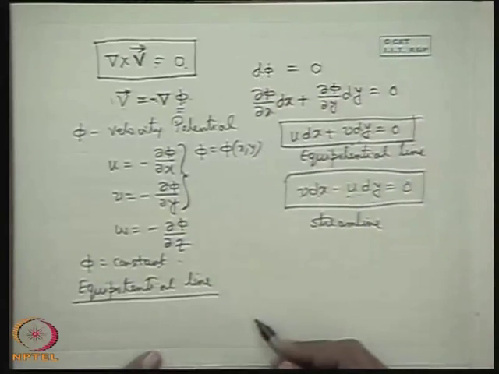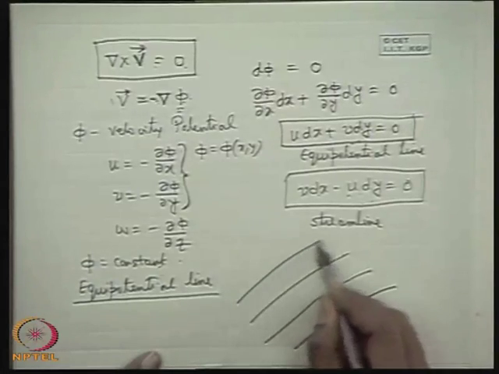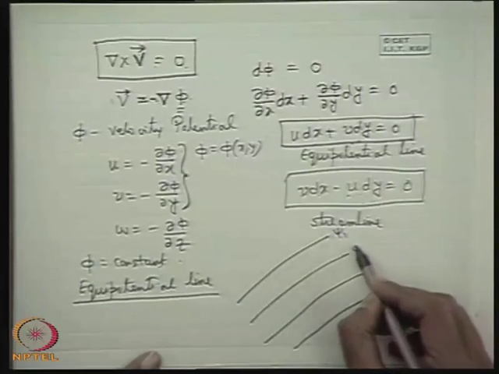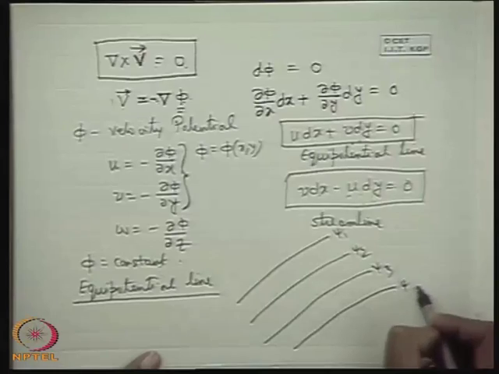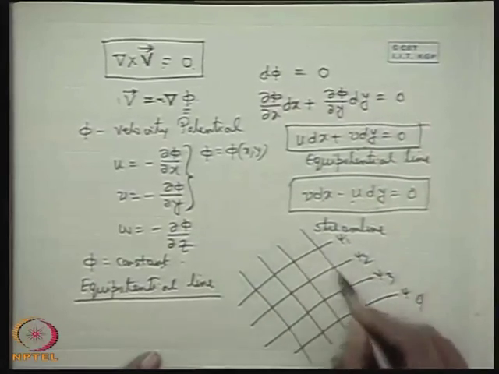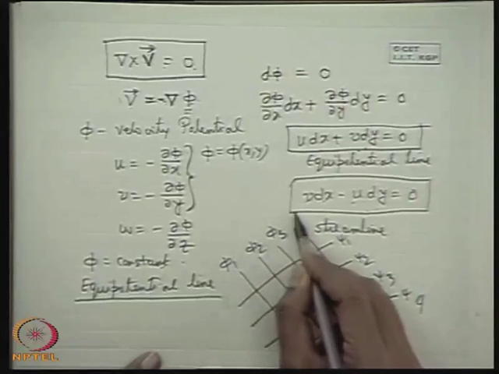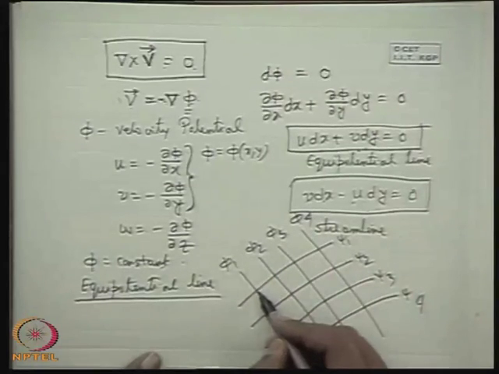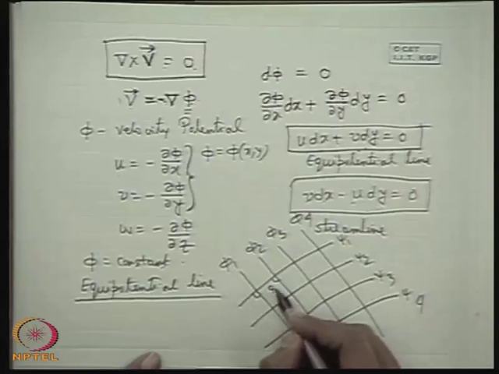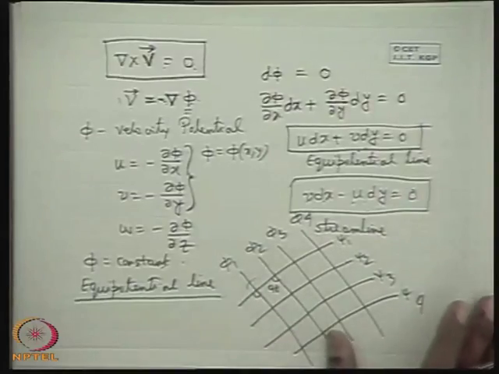So if these are the constant streamlines, psi 1, psi 2, psi 3, psi 4, then the orthogonal families of curves will be the constant phi lines. These corners will be 90 degrees. So they mutually form orthogonal sets of trajectories. This is the constant psi line, these are the constant phi lines.